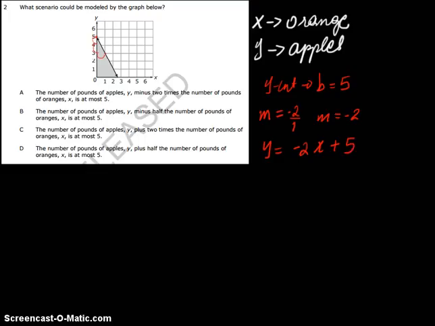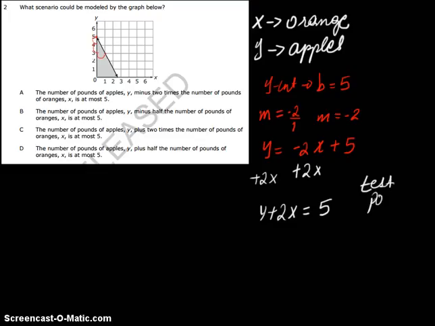If we want to change this equation into standard form, we're going to add 2x to both sides, and then we get y plus 2x equals 5. Now as you can see, the area of this inequality is shaded, so we want to figure out which way to set the inequality. I'm going to use (0, 0) as a test point.